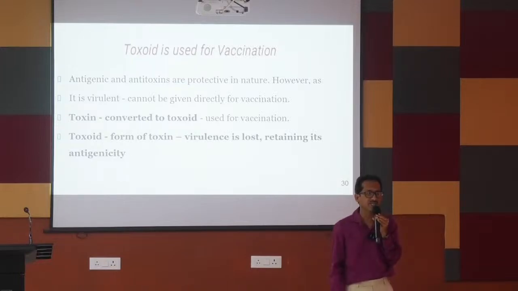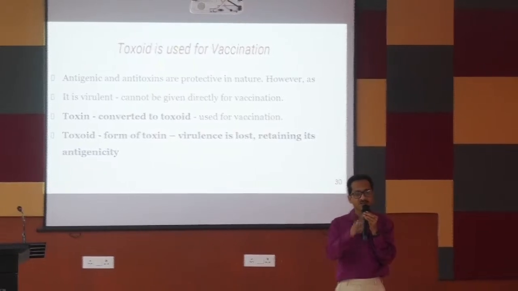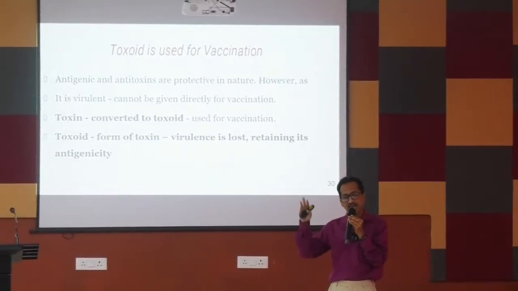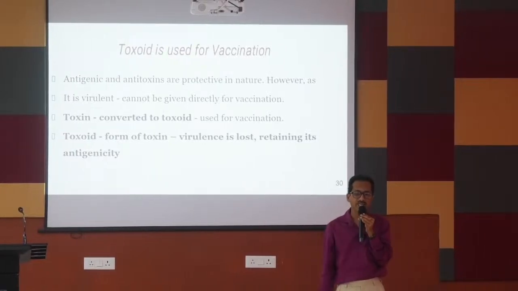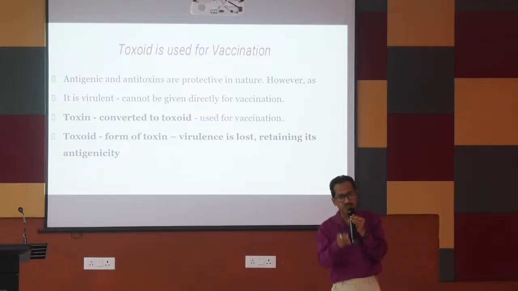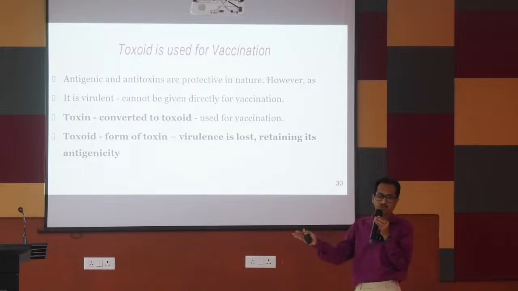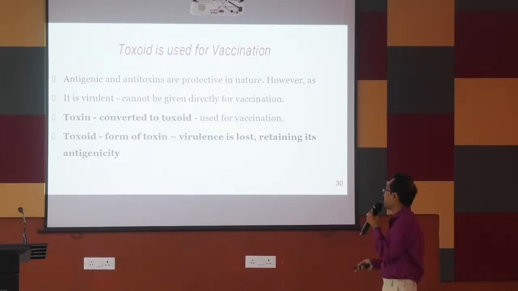What does DPT contain? D is diphtheria toxoid, T is tetanus toxoid, and P, whether it is a toxoid or killed, is pertussis. Pertussis is killed pertussis. Now we are also using acellular pertussis as part of DPT. So diphtheria is a toxoid, tetanus is a toxoid, and pertussis is a killed pertussis vaccine.